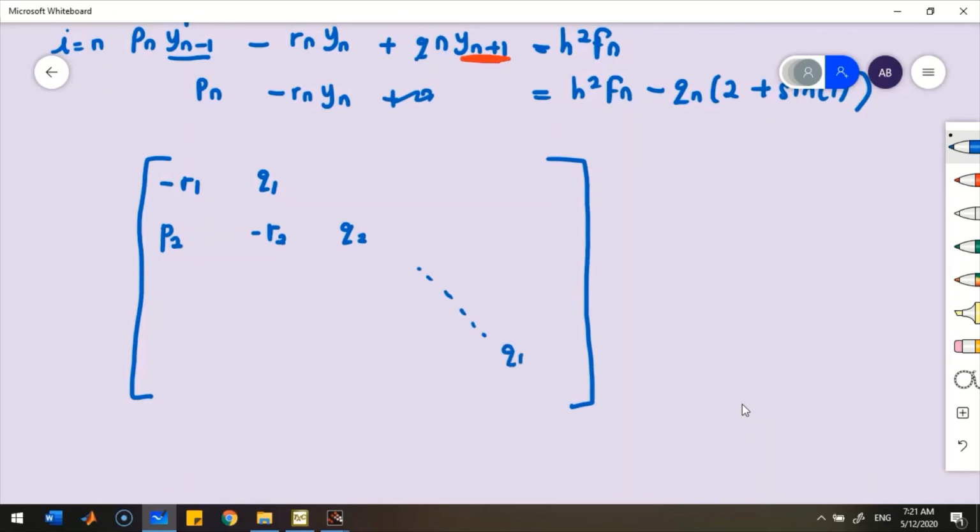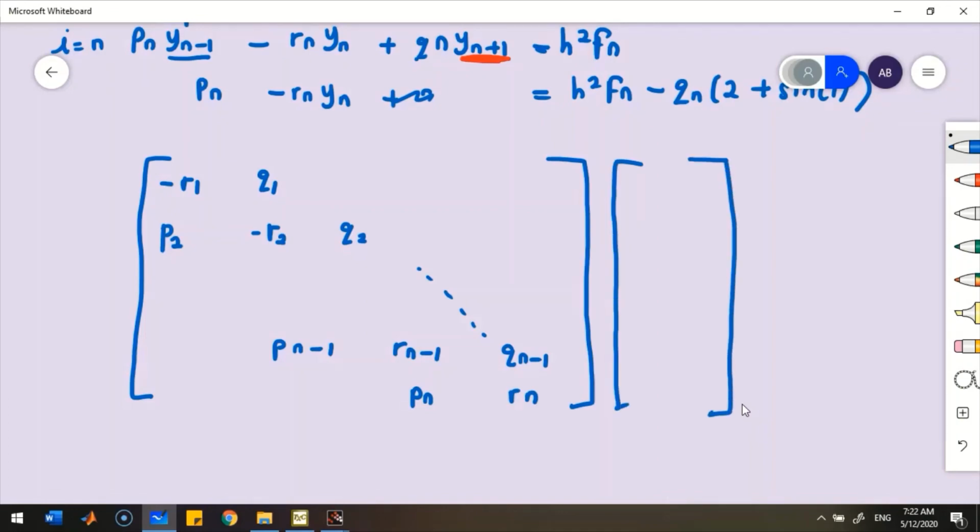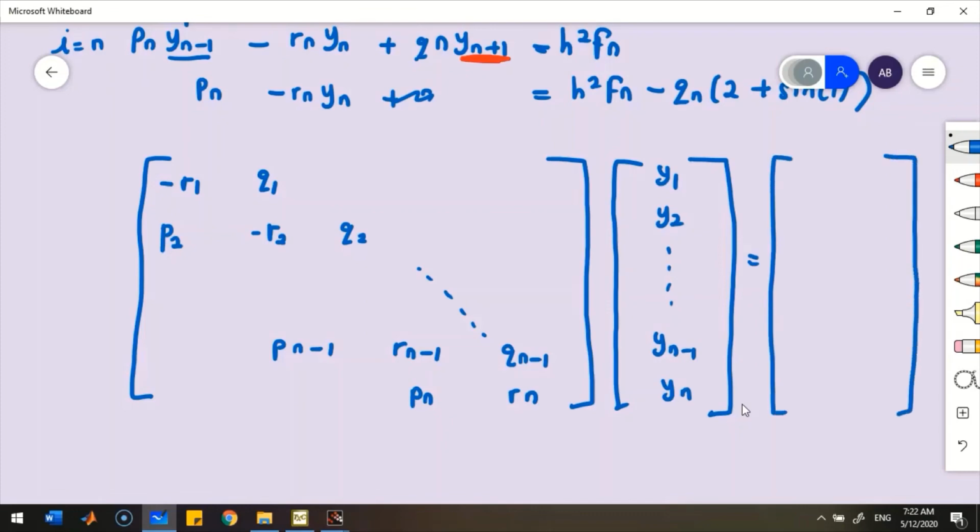This will be Qn minus 1, Rn minus 1, Pn minus 1, and then Pn, Rn, and the term involving my y, y1, y2, yn minus 1, yn, and then the function involving f.